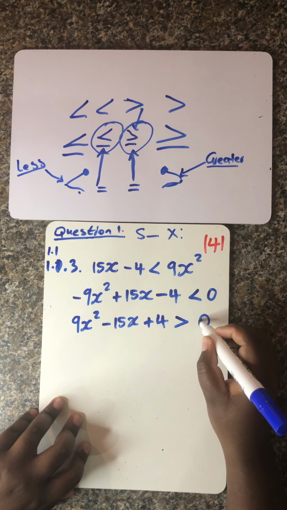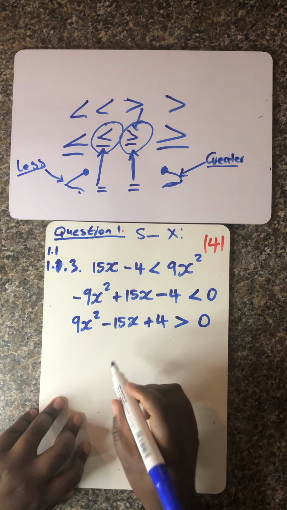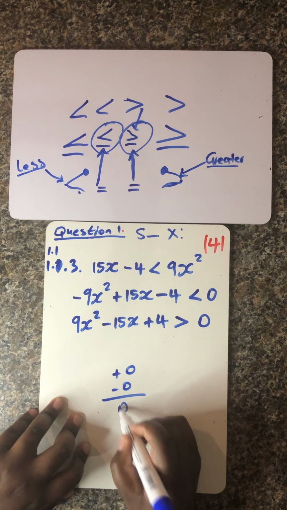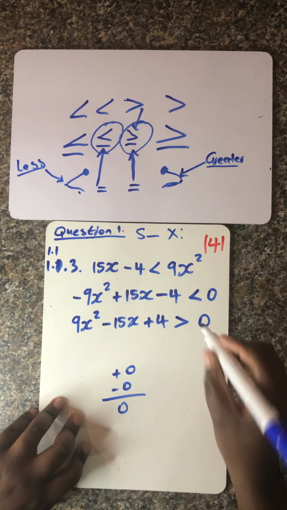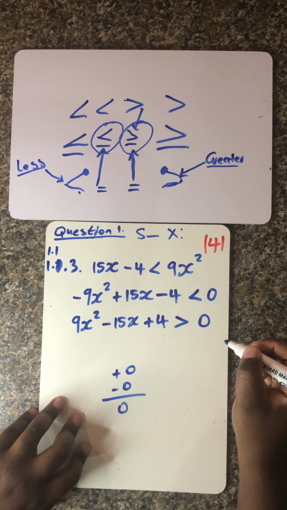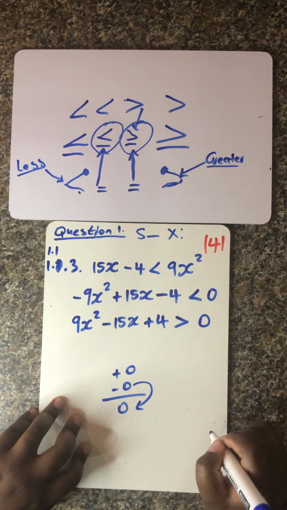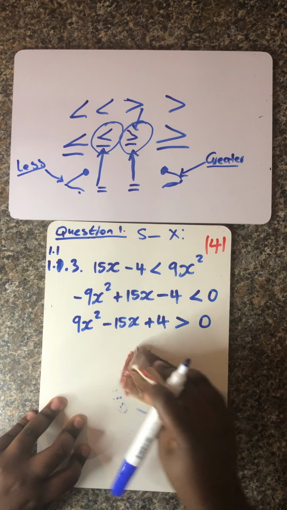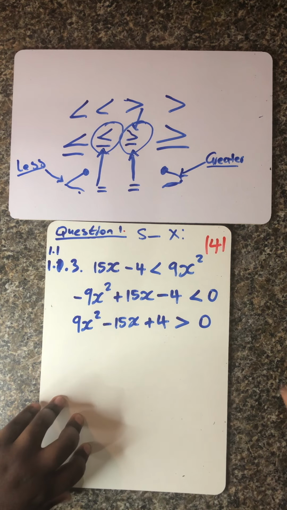Why is it just 0 over there, ladies and gentlemen? It's because positive 0 and negative 0 are all just the same as 0. That's why, even though in my mind I have a negative 0 there, it is still the same as just 0, so I'm writing 0 over there. Very, very important, ladies and gentlemen.